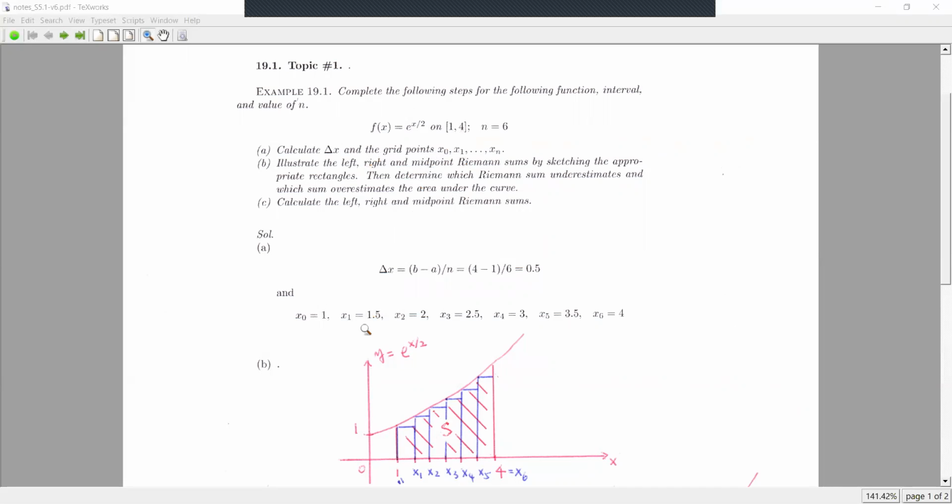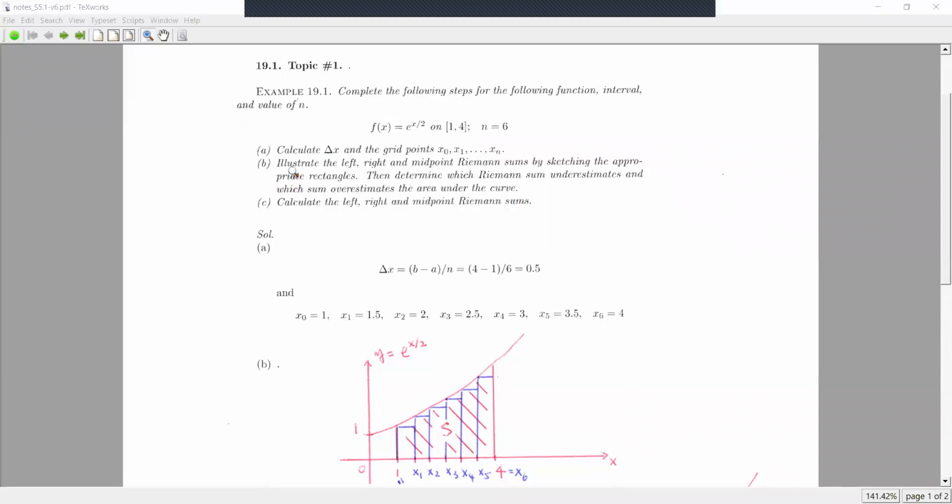The next cutting point X2 is 2, and so on. X6 is the last cutting point. The last cutting point is always the right endpoint of the interval. So X6 is 4. So in total, 7 cutting points.